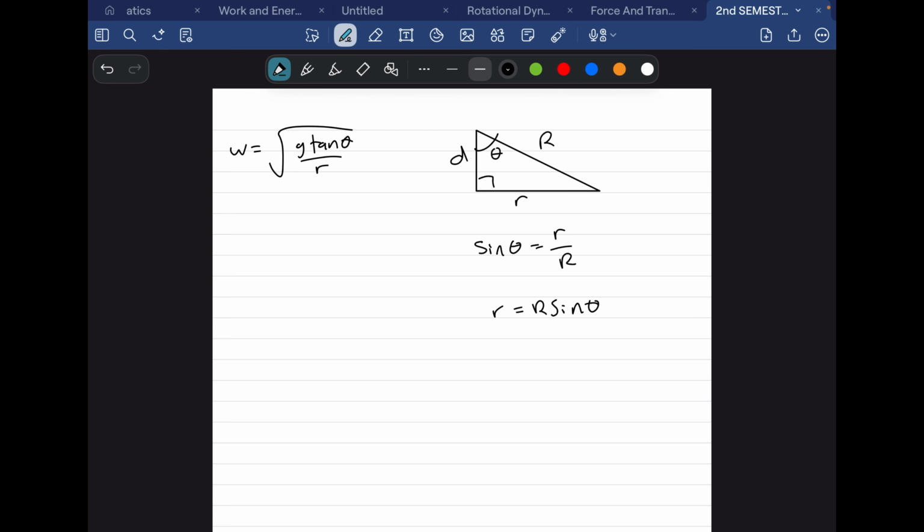Right? And I'll plug it into lowercase r. So omega is equal to radical g. I'll expand tan to be sine theta over cosine theta, and then lowercase r becomes capital R sine theta. The sine cancels out, leaving you with this equation: g over capital R cos theta.